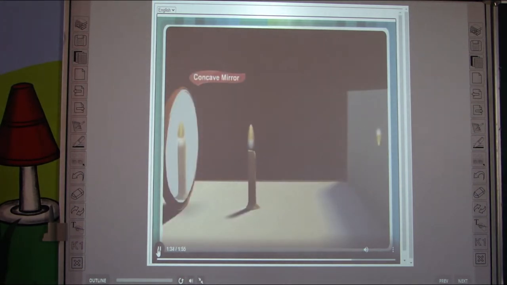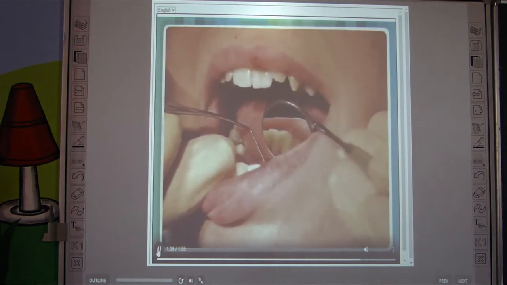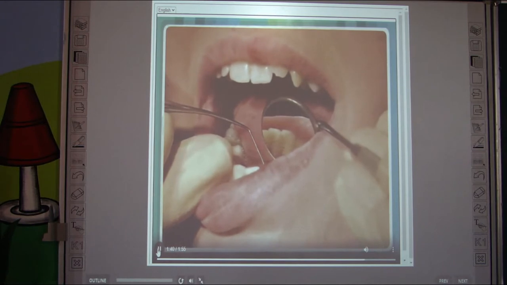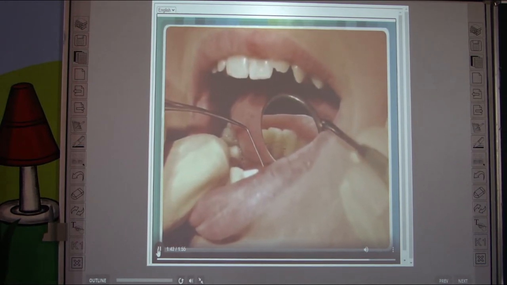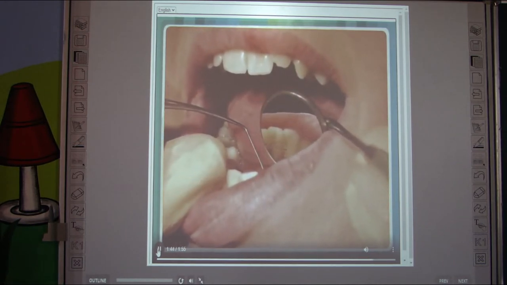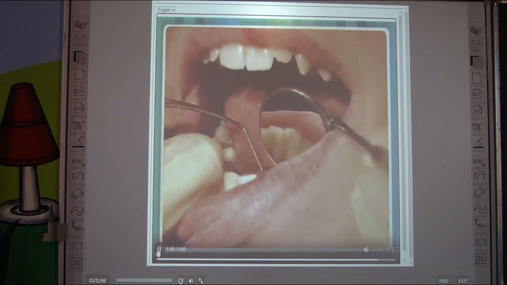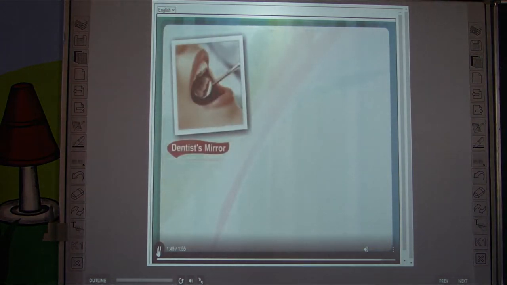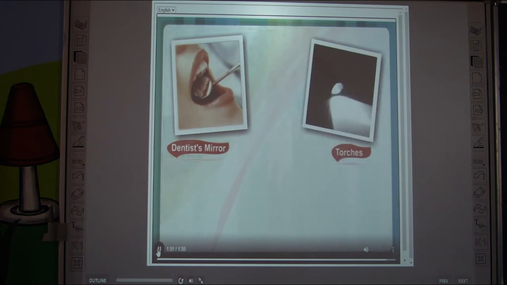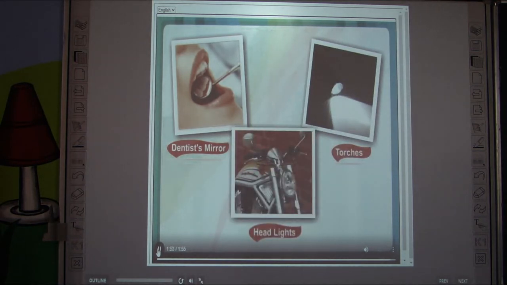This means it forms a real image. Concave mirrors are used by doctors for obtaining the enlarged images of the inner view of the objects. Therefore, these are used by dentists and in reflectors for torches and headlights in vehicles.